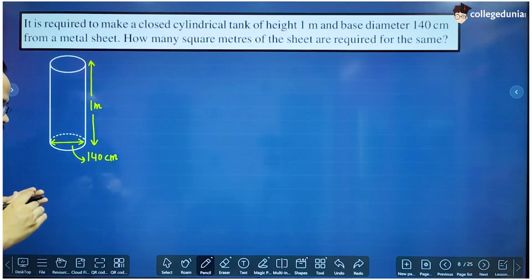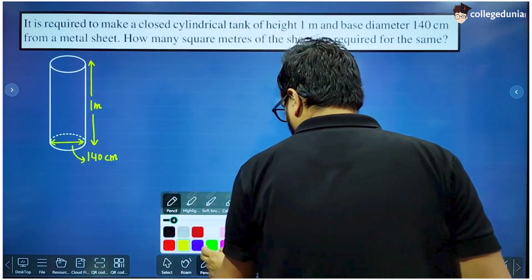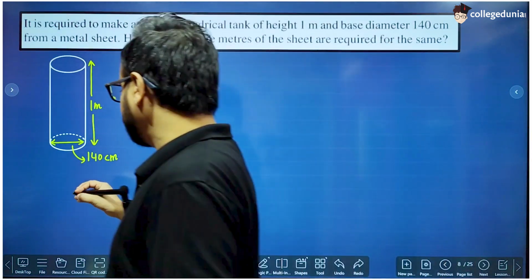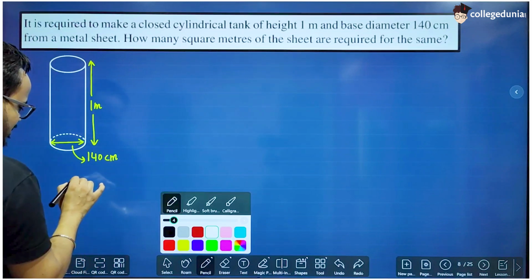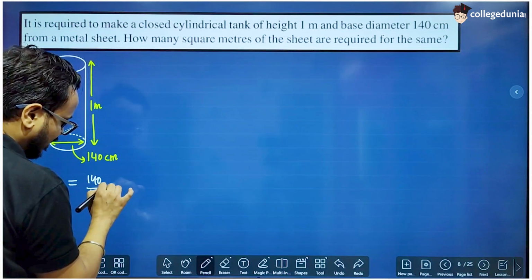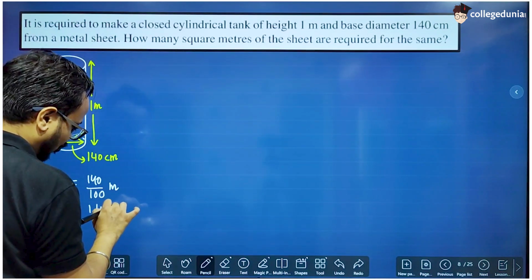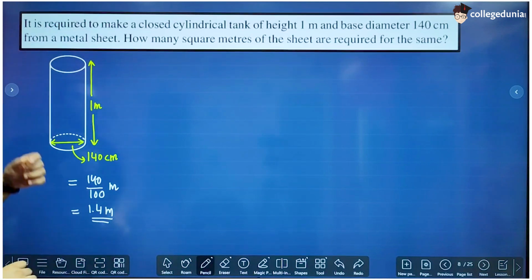So one value is in meter and the other value is in centimeter, so we first have to convert the value. Let's convert this centimeter into meter. We will just divide it by 100. So 140 divided by 100 meter is 1.4 meter.